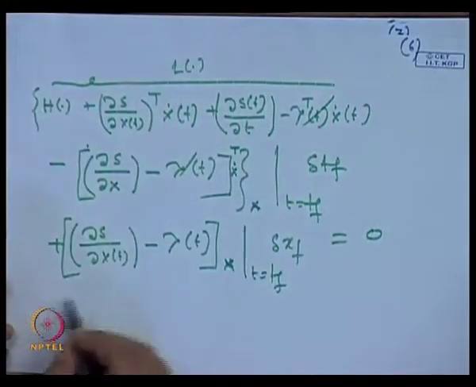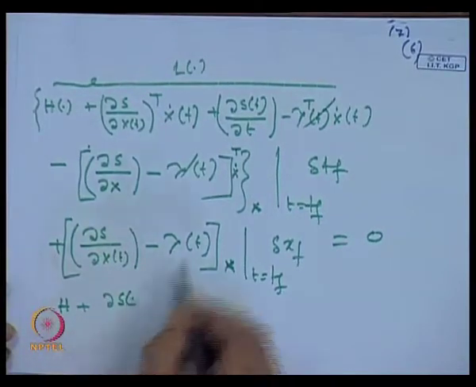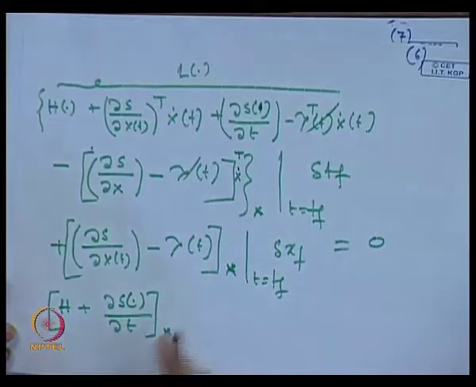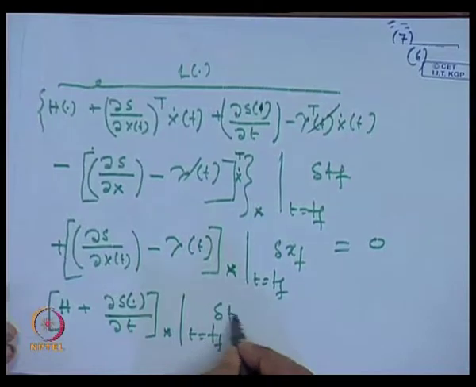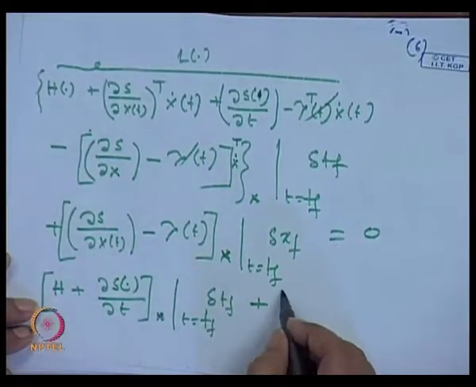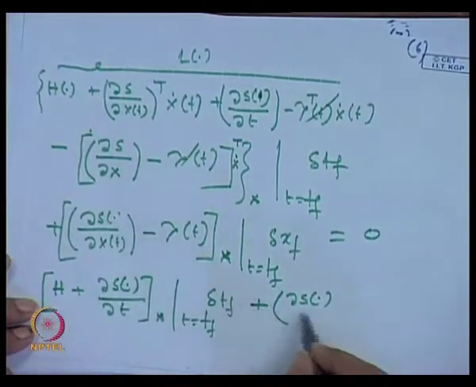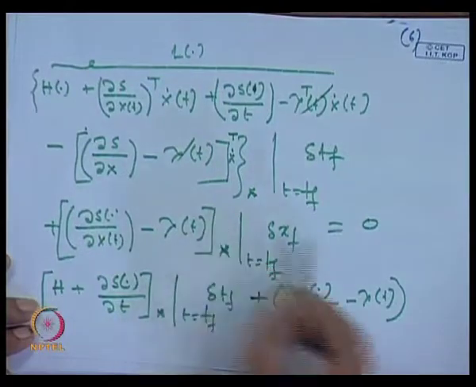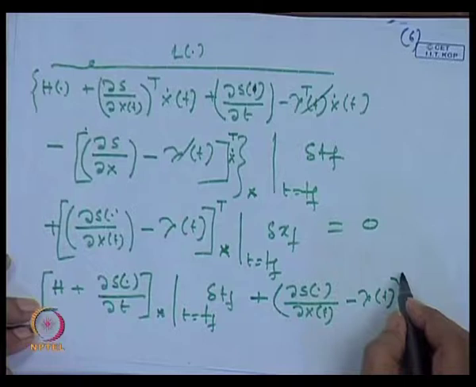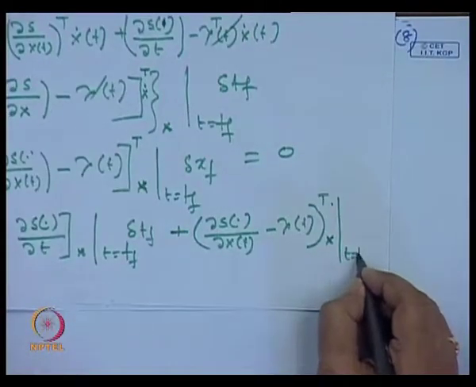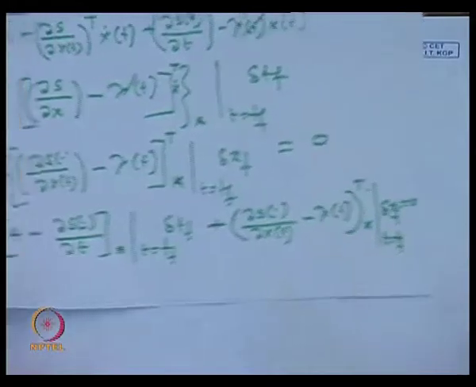What is left is H plus delta S dot, delta t, whole star t equal to T f delta T f, plus delta S dot and delta x of t minus lambda transpose, star t equal to T f and delta x f equal to 0, agree.